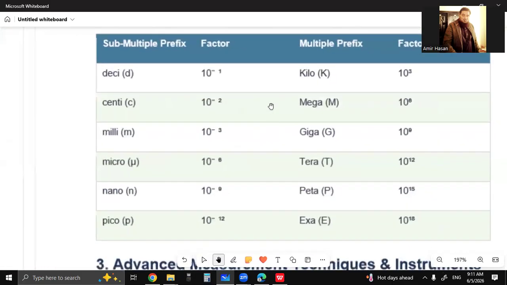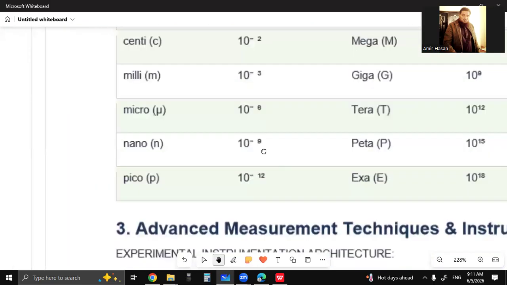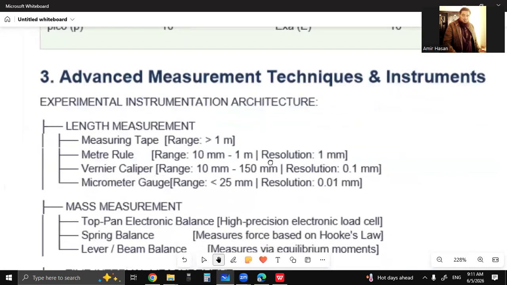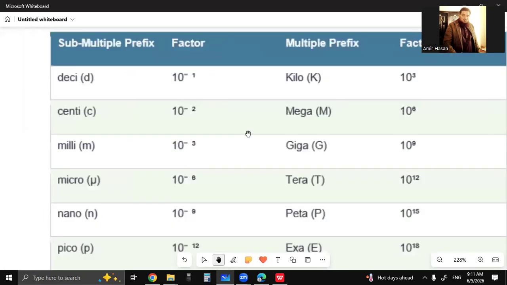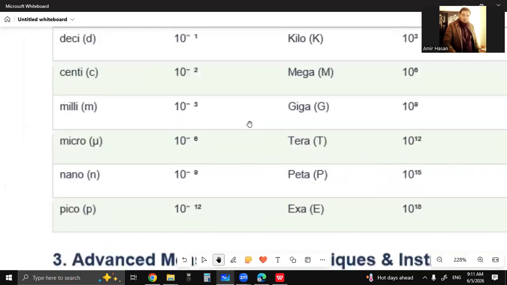Deci is a prefix that comes as 10 power minus 1 with a unit, kilo 10 power 3, centi 10 power minus 2, mega 10 power 6, milli 10 power minus 3, giga. These come with the units, just like kilometer, which means 10 power 3 meter.